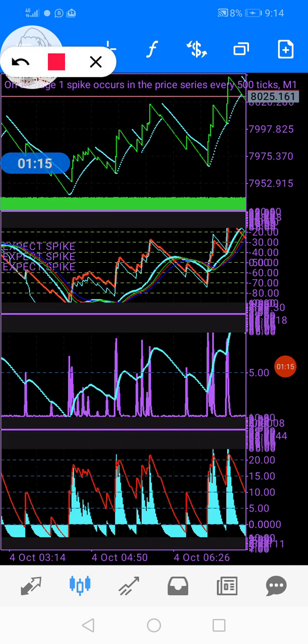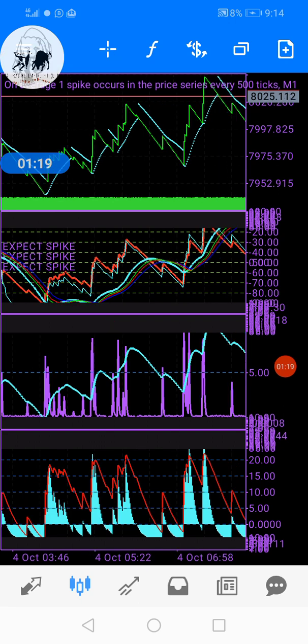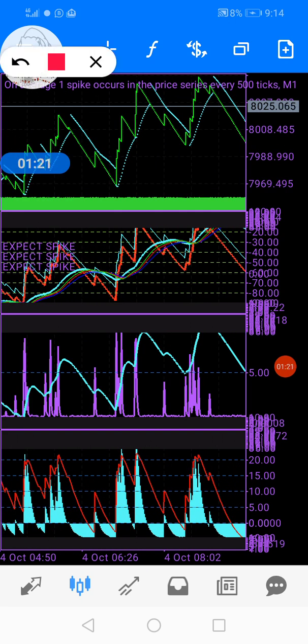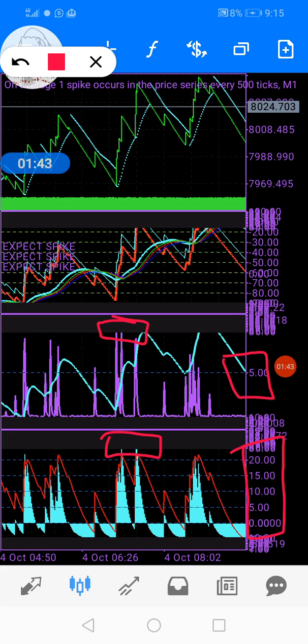I need you to pay attention to every time when these long candles right here, our volumes right here at the bottom, hit the clouds, right? I want you to focus on what happens when they hit the clouds, and when they hit the clouds, pay attention to this number on the side, right?